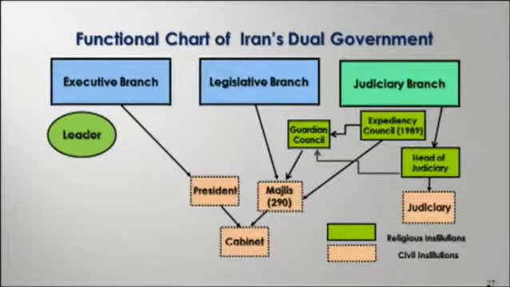The leader is chosen by clerics who make up the assembly of experts, which I mentioned we're going to discuss in the next slide. The role of the Supreme Leader in the Constitution was derived from the thinking of Ayatollah Khomeini.